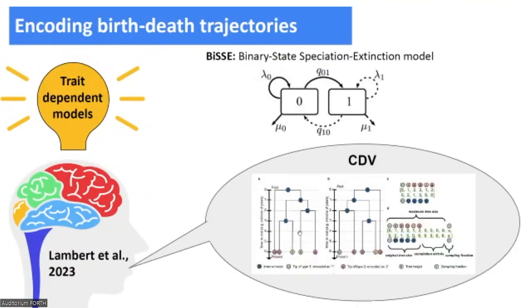Then Lambert and collaborators in 2023 readapted this representation for ultrametric trees under binary state speciation and extinction models. And what we did was to readapt this vectorization to our case.